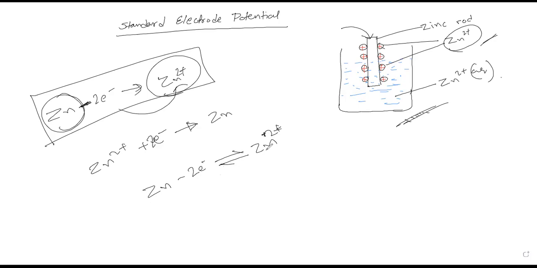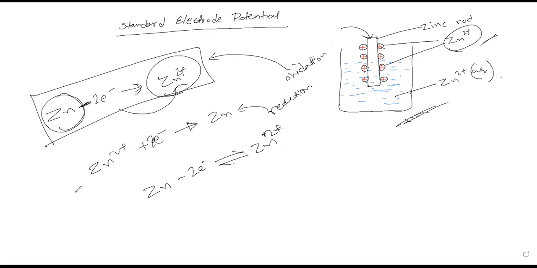Now in this state, when an equilibrium is established, the rate of oxidation is equivalent to the rate of reduction. Now over here, you can see loss of electron, and loss of electron is what? Reduction? No, it's oxidation. Loss of electron is oxidation, and gain of electron is known as reduction.